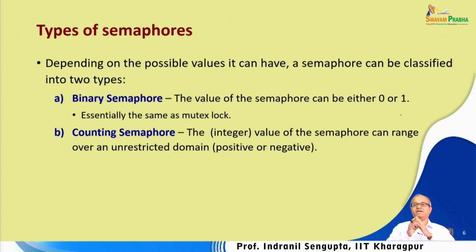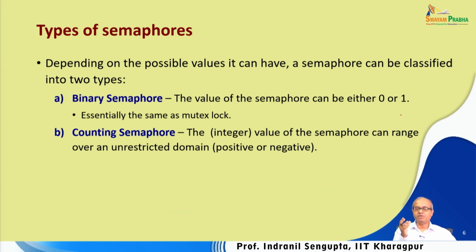And the other thing is that depending on the possible values a semaphore can have, in the 2 examples that we took so far, the values of the semaphore can be either 0 or 1, they are binary valued. Never could the value of the semaphore be greater than 1, it can be either 0 or 1.